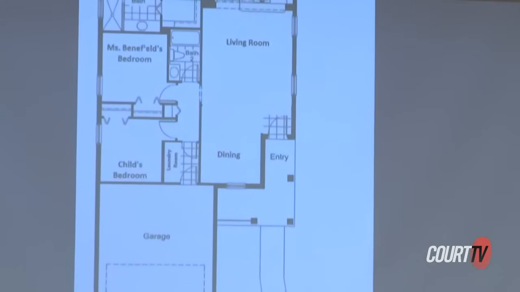So let's talk about what she did when she claims that Doug grabbed, I think she said she was going for the front door, he grabbed her arm, she kind of spun around, he hits her in the head, although she didn't know if it was open hand or not, and then she said, I just wanted to get away. I just wanted to get away, right?